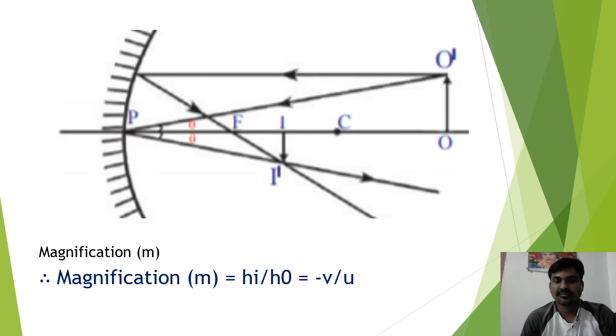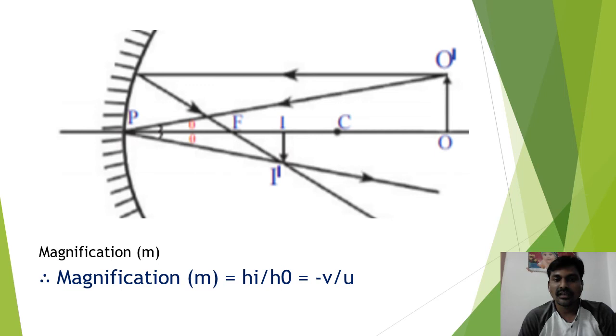Suppose the height of the object is 10 centimeters. Suppose we got the image height as 5 centimeters. Then the magnification of the mirror is equal to hi by ho, that is minus 5. Why are we writing minus 5?